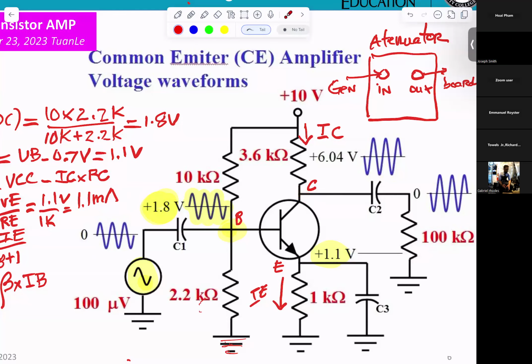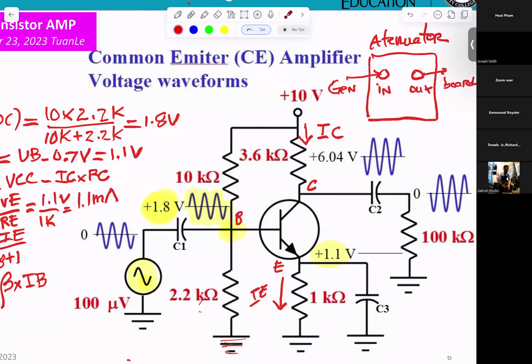So that's why you can see only this sine wave. And you measure the output here, then you can see the same signal.